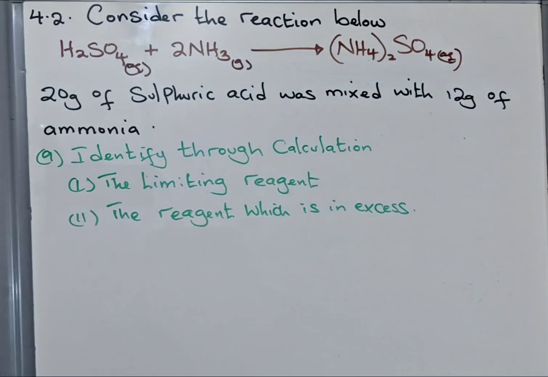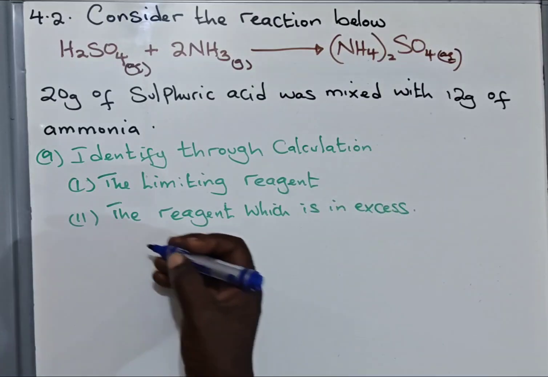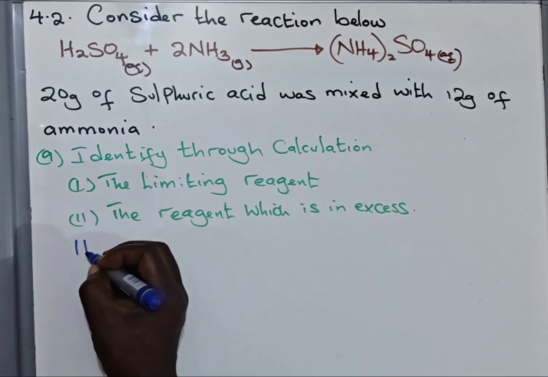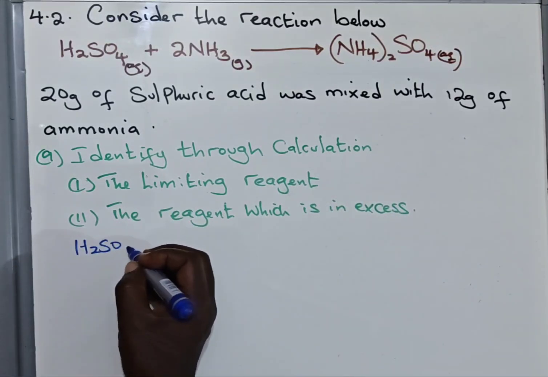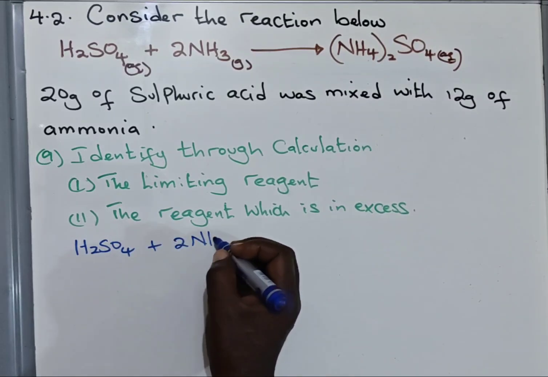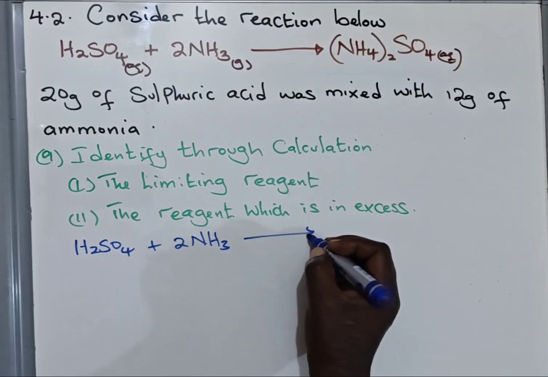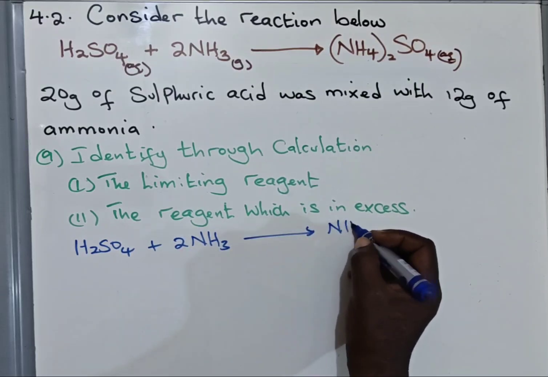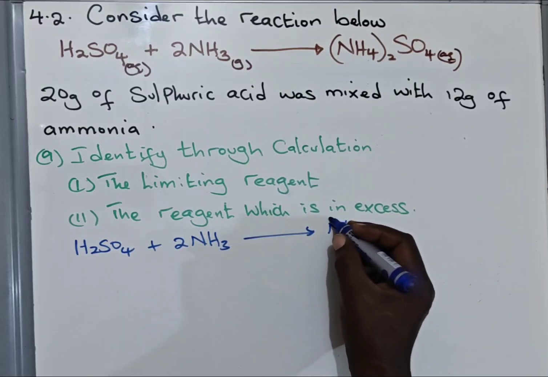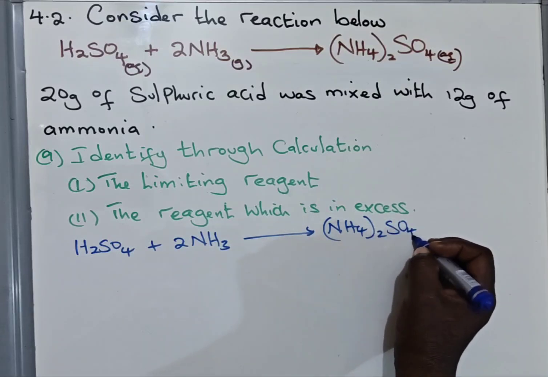Actually, what I would advise you to do is to write the equation. The equation is H2SO4, sulfuric acid, plus ammonia, giving you this salt, ammonium sulfate.